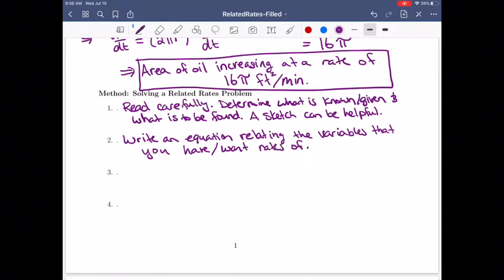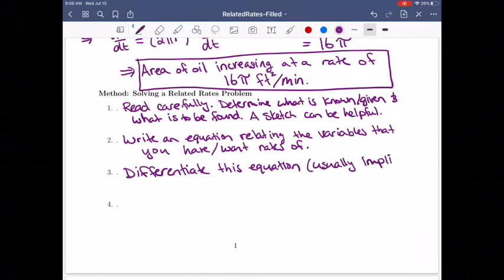Now what we're going to do is differentiate this equation, usually implicitly, with respect to time.